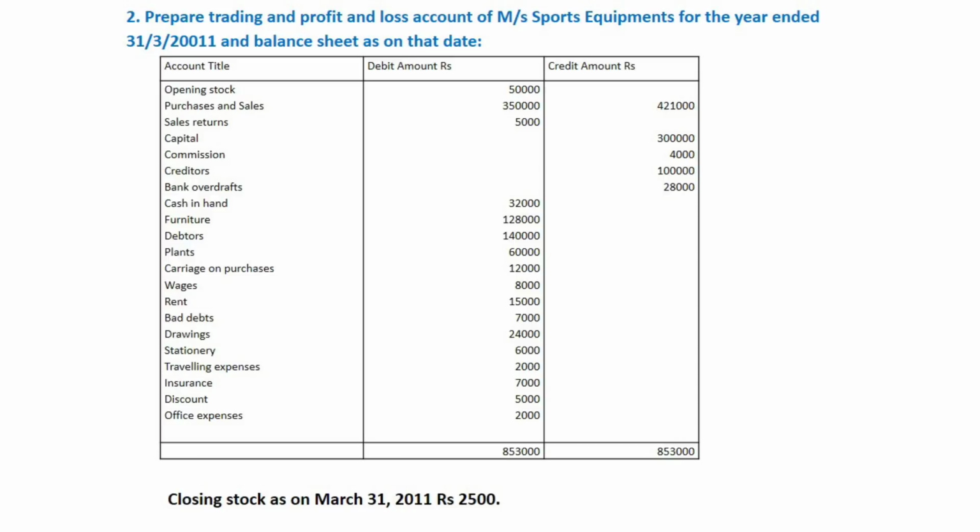Here in this problem, the trial balance is given as usual and the closing stock is given outside the trial balance. The first item, opening stock 50,000 rupees, purchases and sales both together given in one line. So the debit balance is purchases and the credit balance is sales.